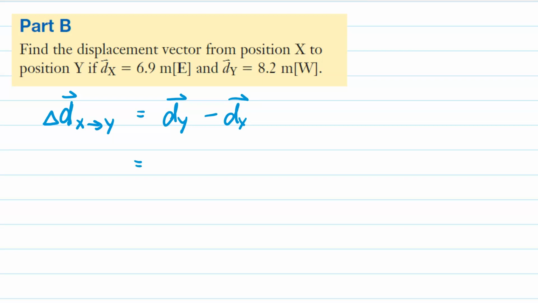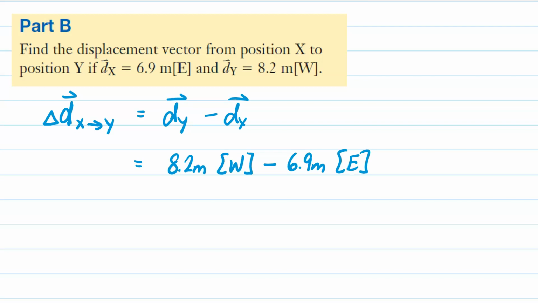Position Y, we're told, is 8.2 meters to the west. We subtract from that position X, which is 6.9 meters to the east.